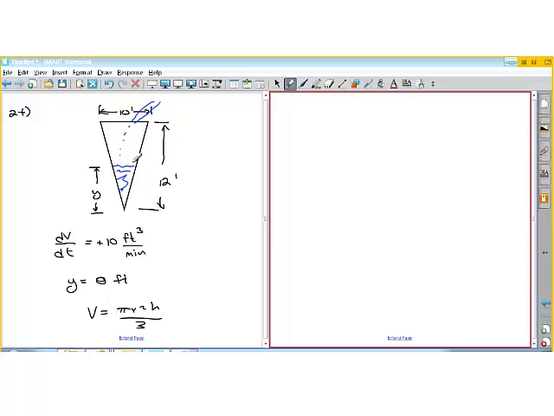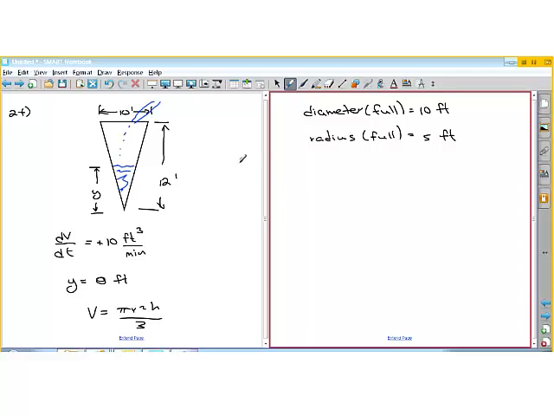Now the question is, what is the radius? So they said the diameter is 10 feet when it's full, and so the radius when it's full is 5 feet.